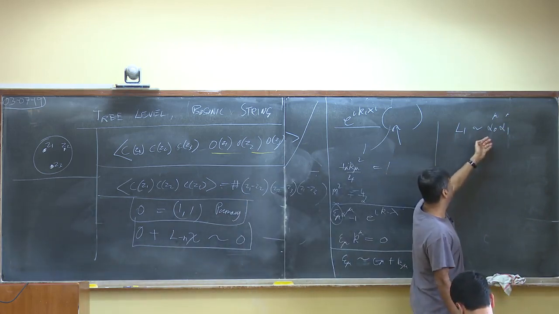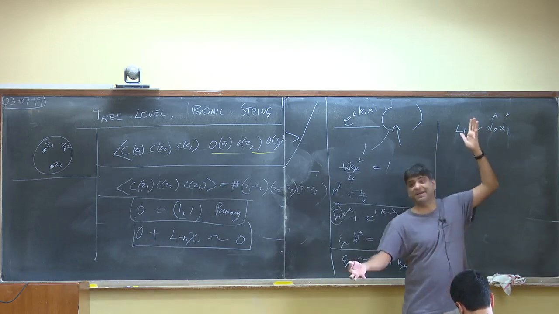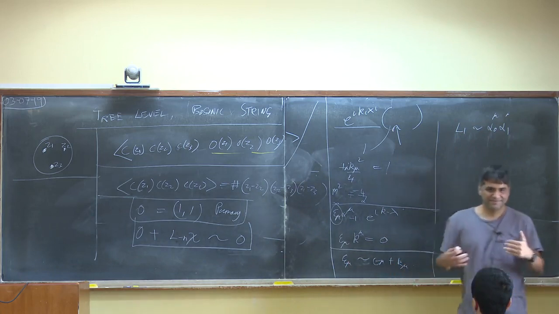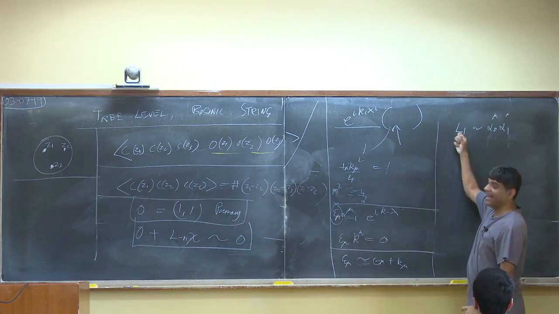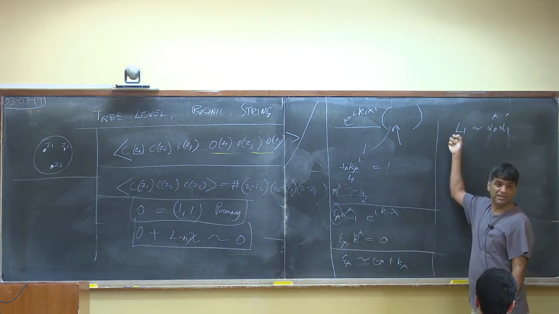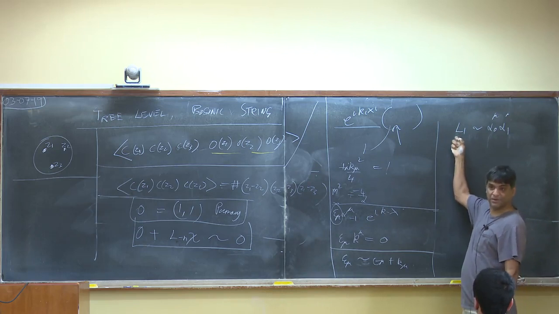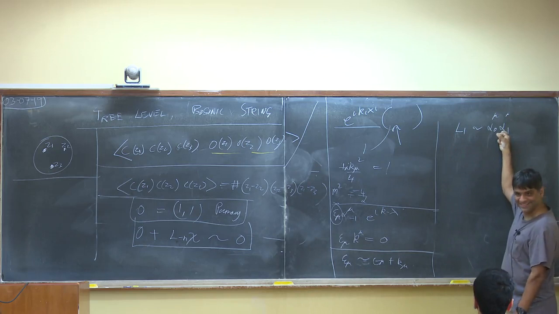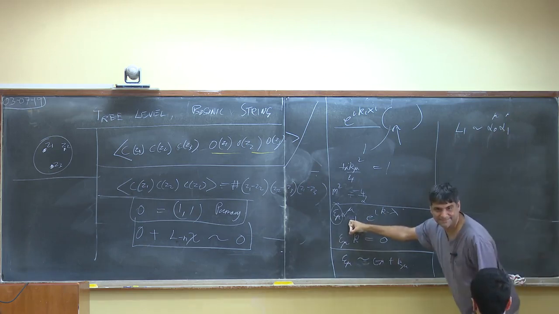If you have alpha 2, alpha minus 1, the alpha 2 will kill it. It has at least one annihilation operator, and this annihilation operator better be a 1, otherwise it'll kill the state. This one it won't kill.